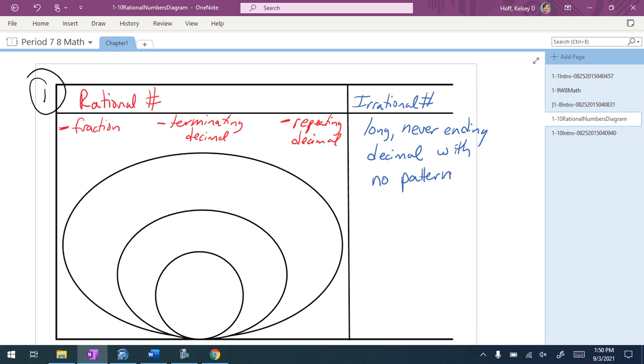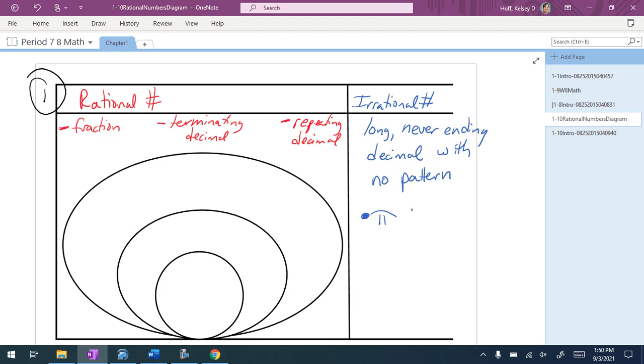Can you think of the most common irrational number in math, Spencer? It is pi. Pi is the most common irrational number. 3.1415, blah, blah, blah, blah. Nobody really cares after 14, right? Let's just talk about 3.14.